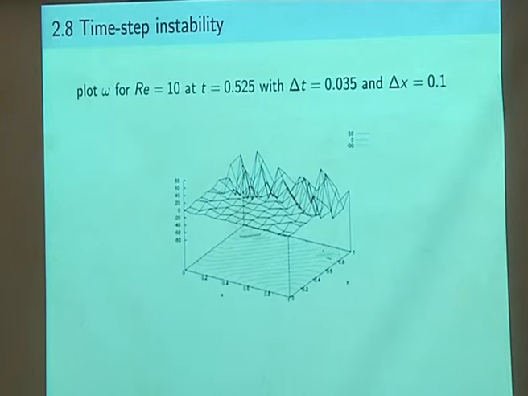So there's an instability. And the big question is, is it a numerical instability or is it a physical instability? There's an instability in the results from the code. So you have to think, physically, do you believe at Reynolds number 10 in this driven cavity, it's physically unstable? And I should very much doubt it. You've got solid do-nothing on 3 sides and a small little velocity in the middle.